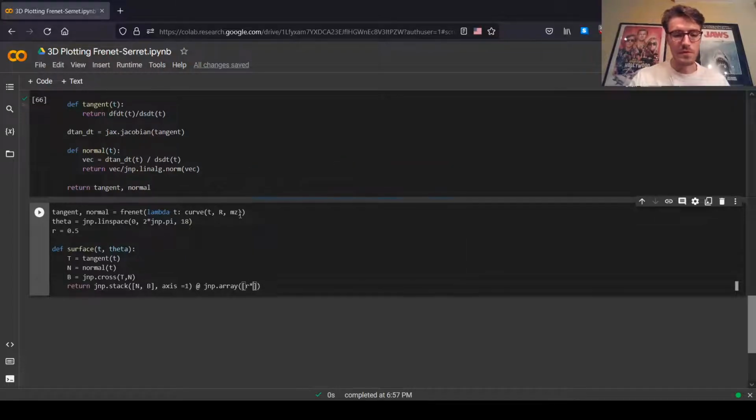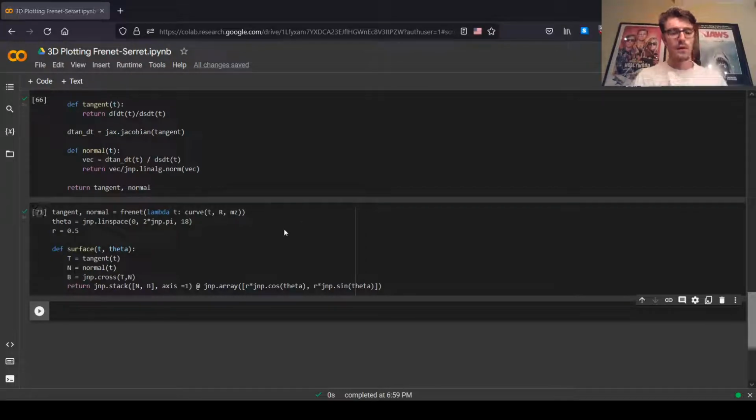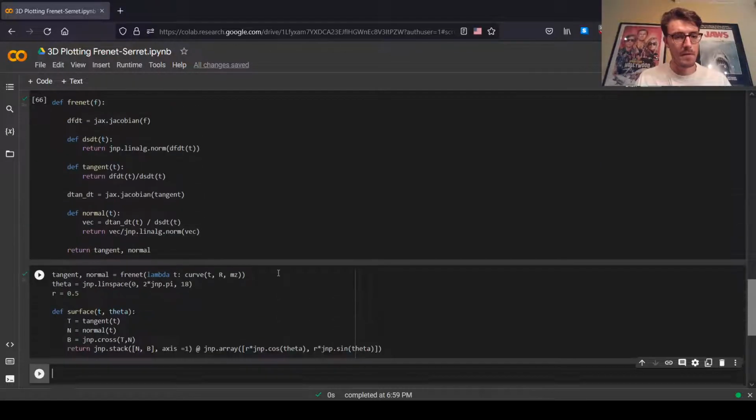This is where we'll use that defined radius for the unit space away from the curve. So then we'll just want to do cosine of theta, and that's where we're going to use our theta that we've defined. And then we'll want our sine of theta, right? So that should be good. Okay, no immediate mistakes.